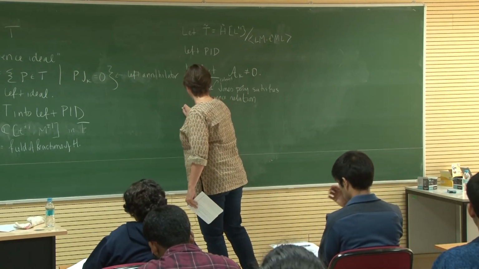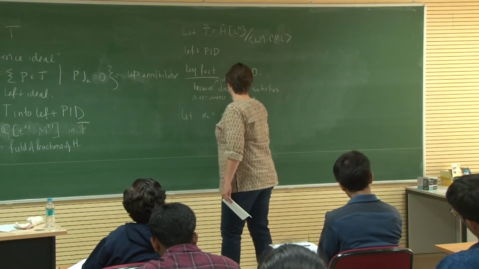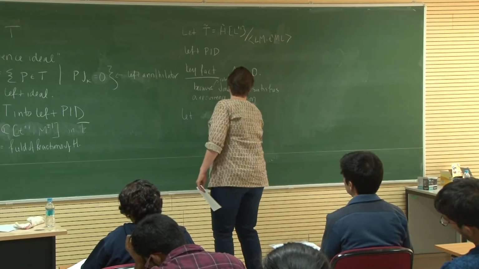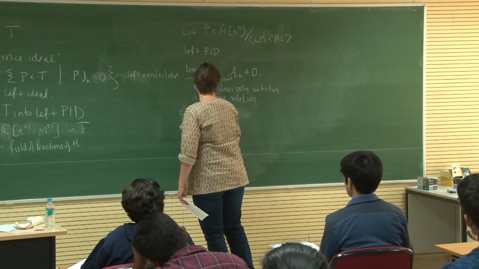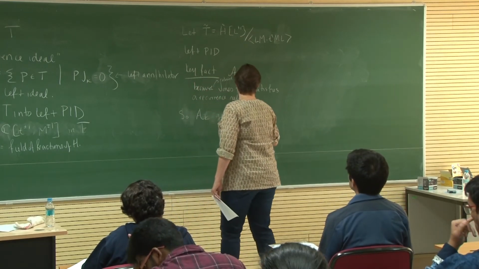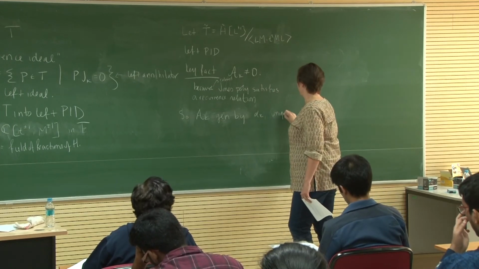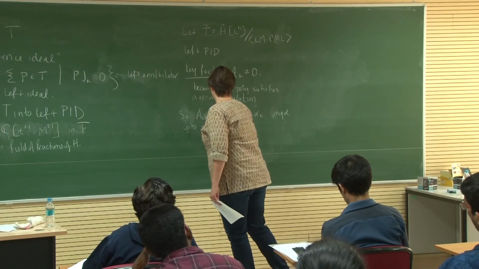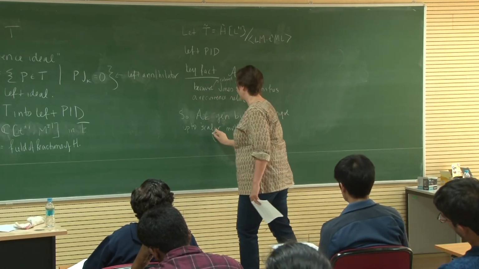So we let alpha k be a generator for, well, let me write this. Okay, so A_K is generated by some alpha k, and this is unique up to scalar multiplication, where here we have to be careful.